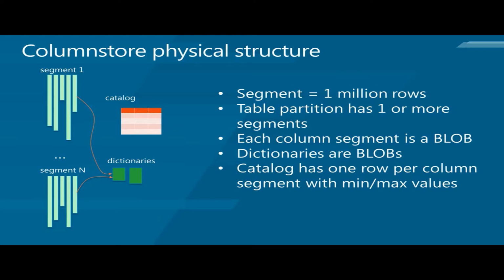So because data is heavily compressed and only the data that you touch is pulled into memory, it takes a lot less memory to hold your entire working set in memory. So you can easily get essentially all the data that's necessary for your workload into memory, so you become effectively a main memory system.